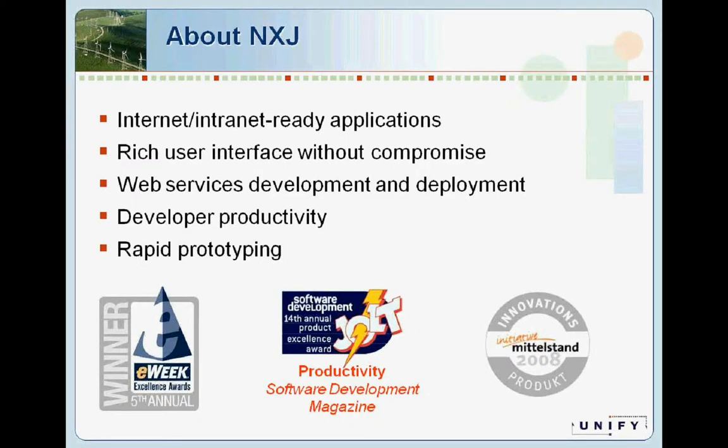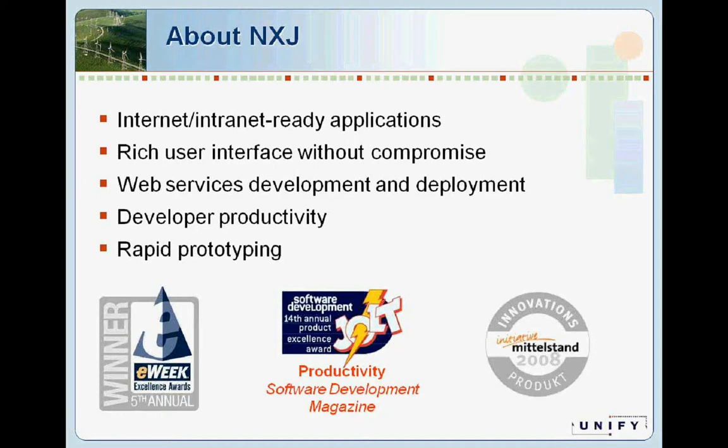And it includes a forms builder as well as a component for quickly building and deploying web services as well. And what our customers tell us is NXJ really helps reduce the cost of training and development and infrastructure in several ways.